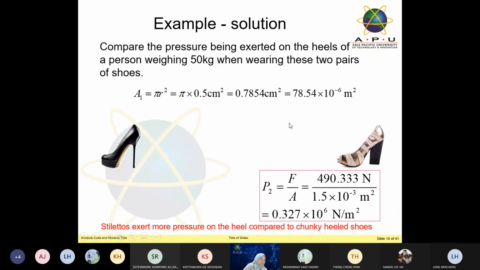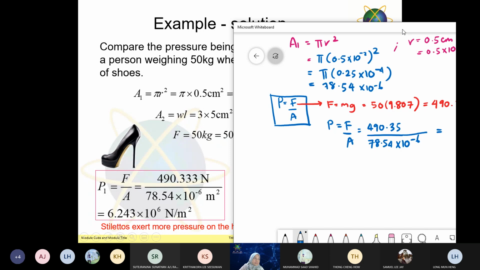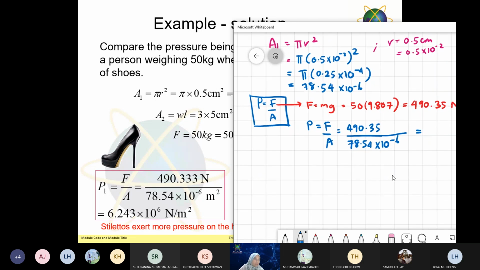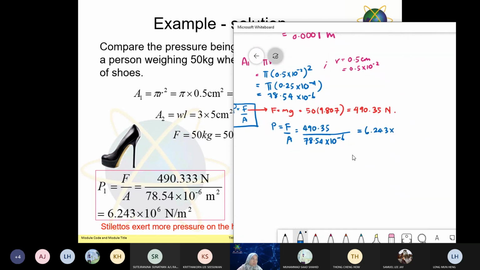Equal to 6.243. Don't see the P2 yet, we are still in the P1. 6.243 times 10 to the power of 6 Newton per meter square.